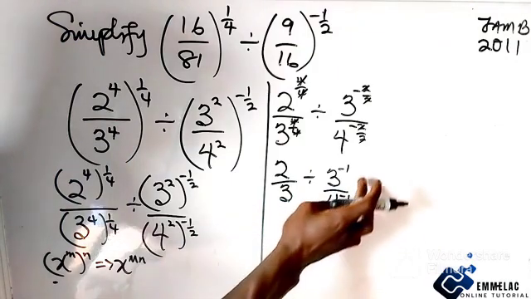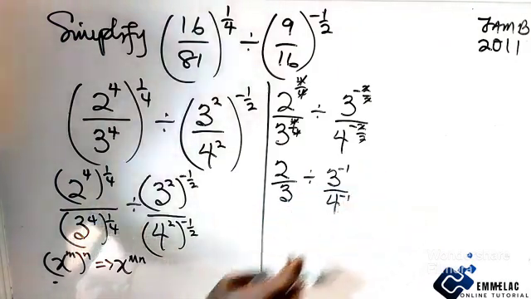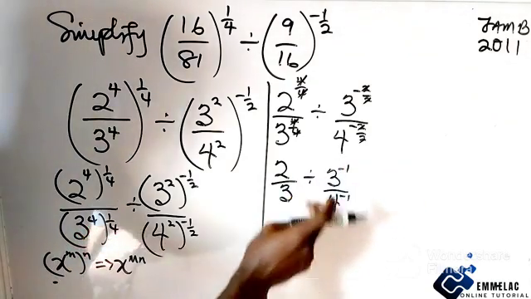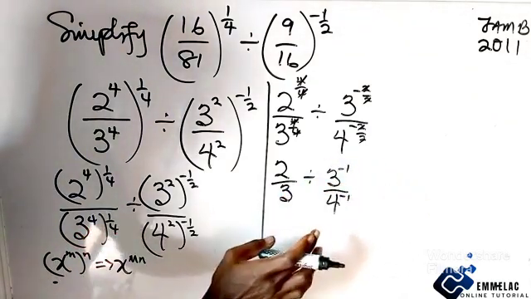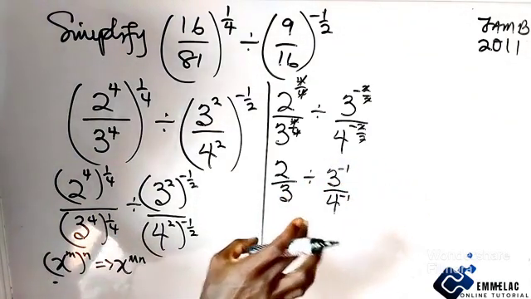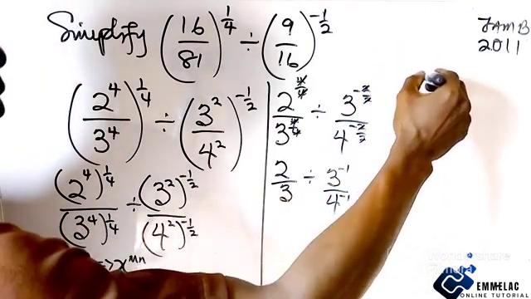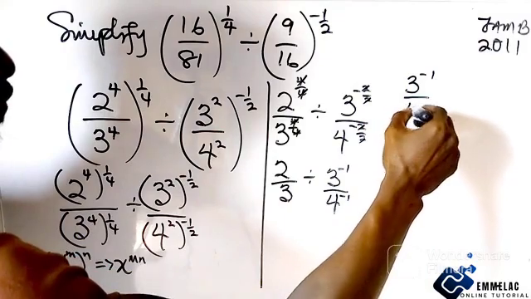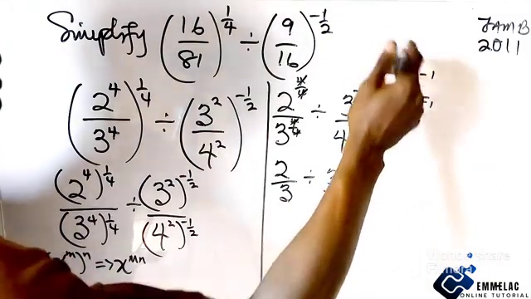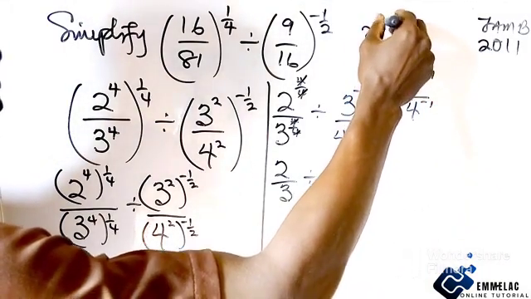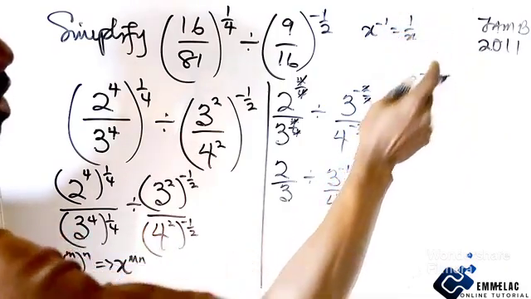Now I want us to be very, very careful here. Let me just simplify this to ensure that you understand what I'm doing. So here you have 3 raised to the power minus 1 over 4 raised to the power minus 1. Now take note that x raised to the power minus 1 equals 1 over x.